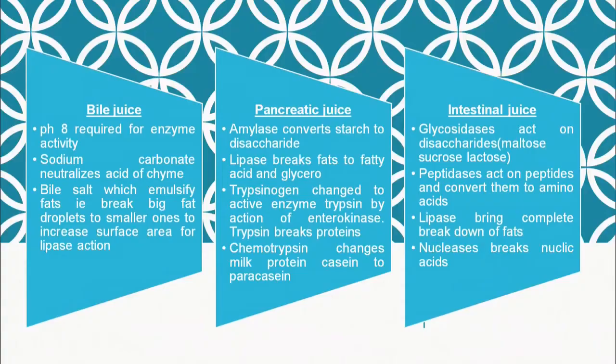Then it contains peptidases which act on peptides and convert them into amino acids. Amino acids are the building blocks of proteins. Then lipases bring complete breakdown of fats. Then the other enzyme present in the intestinal juice is nucleases. These nucleases break down the nucleic acids into phosphates, sugar and nitrogenous bases.